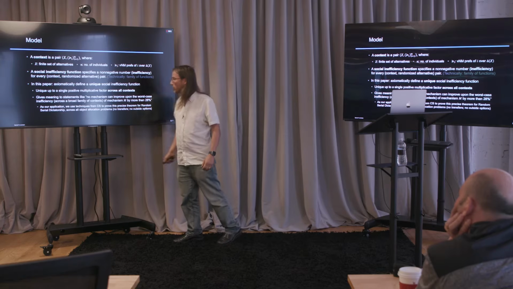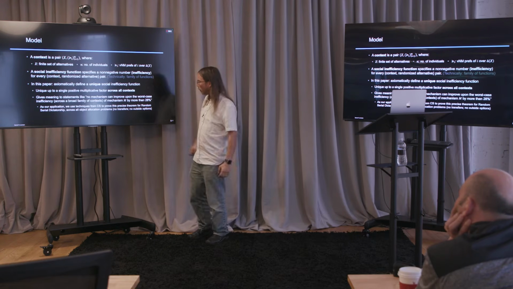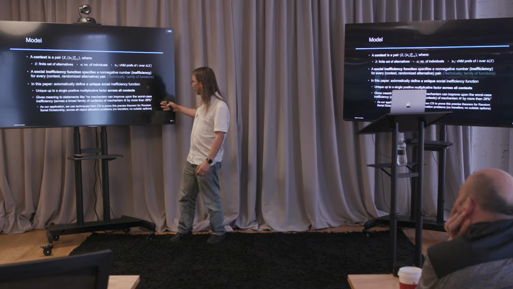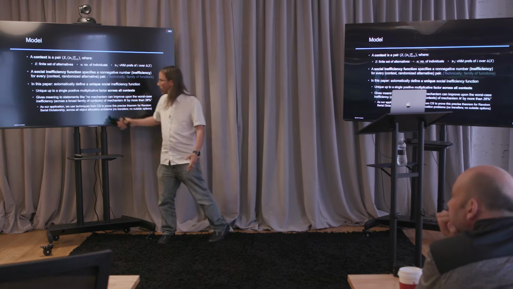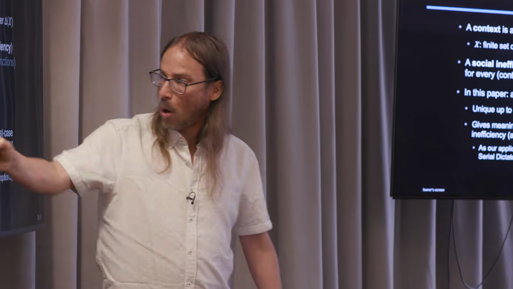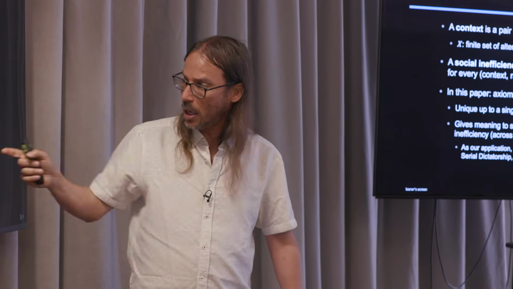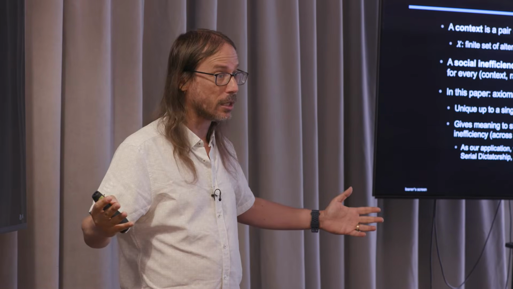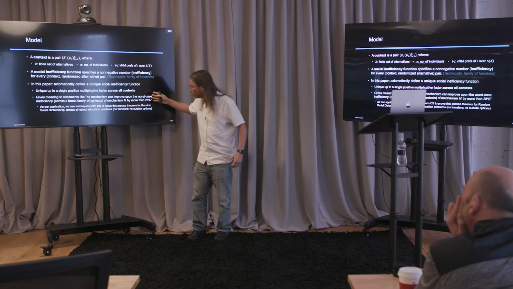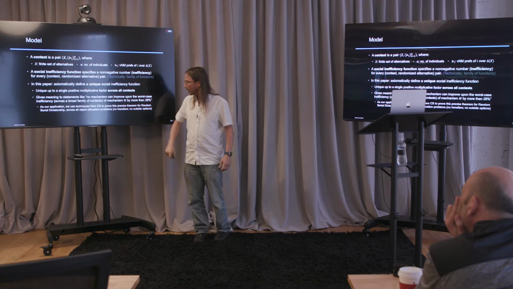This is going to give meaning to statements like, you take your favorite mechanism, you calculate its worst case inefficiency across a broad family of contexts, and then you say, no other mechanism can improve upon this worst case inefficiency by more than 28%, for example. And we're actually going to prove this precise theorem as our application.